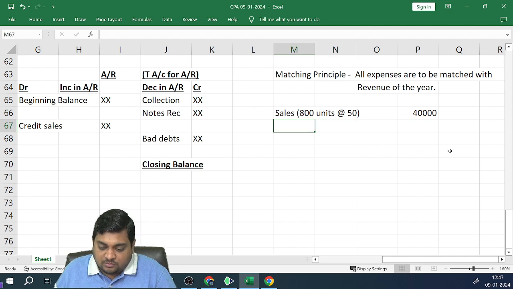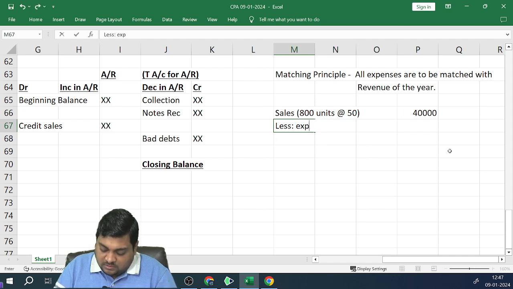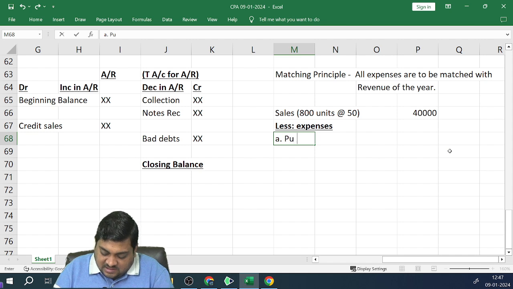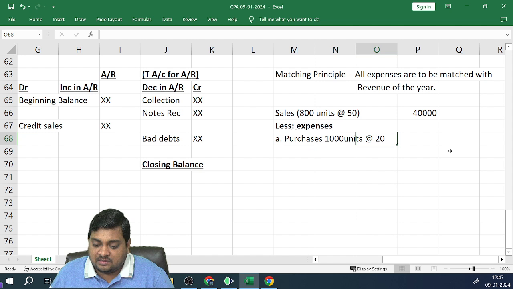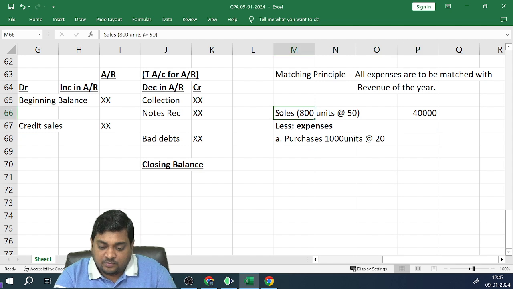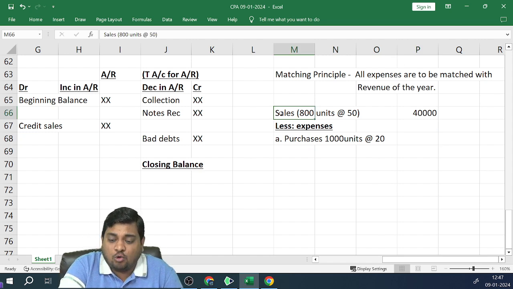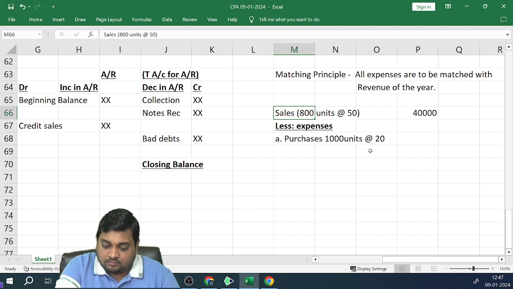Now this is revenue, less expenses we would be doing. Now when we are subtracting expenses, the very first expense is purchases, that is 1000 units at the rate 20. But remember one thing, here I am not going to take 20,000, only those number of units will be taken which has been sold, right?